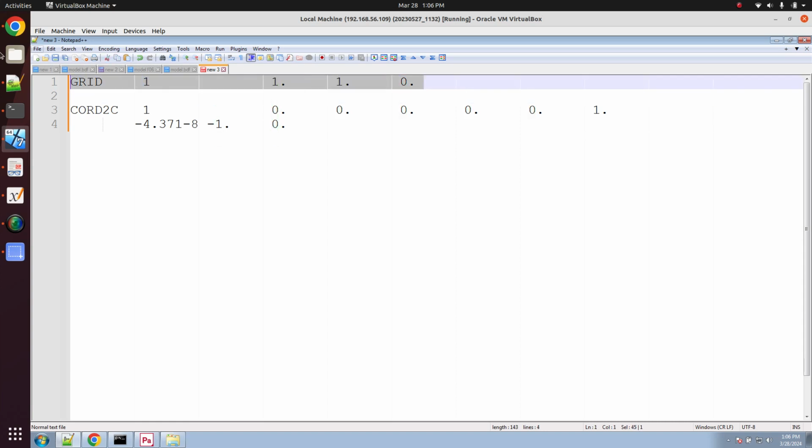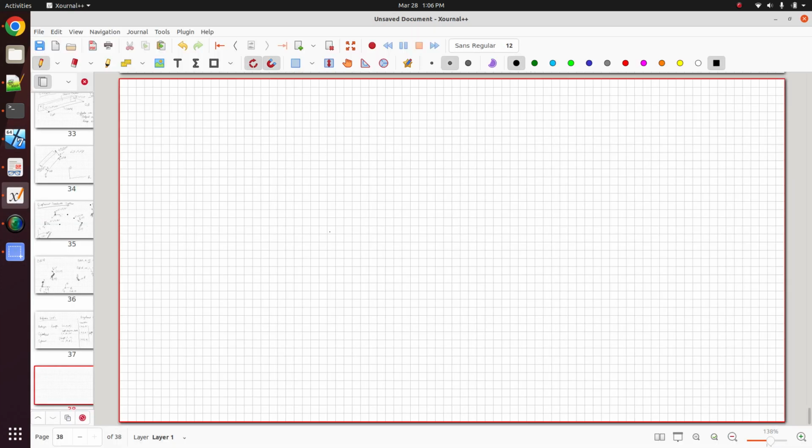So let's take a look at this entry. If you look at the CP field, it's blank. So when it's blank, it's defaulting to CID 0, which is the basic coordinate system. It's technically not the global coordinate system, but if it's your first day using Nastran, think of it as a global coordinate system. So where is this point?